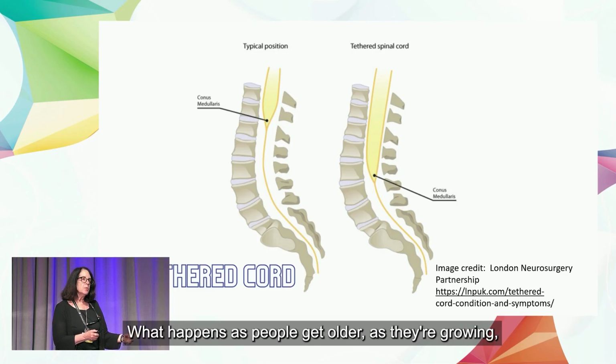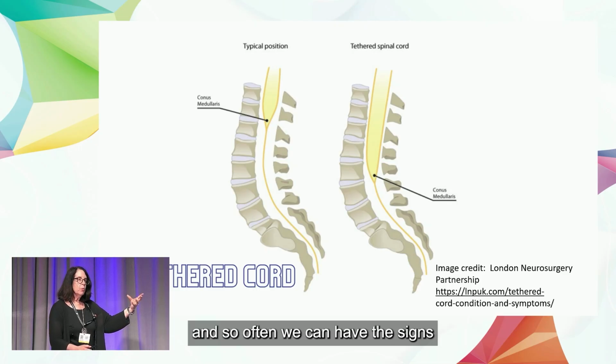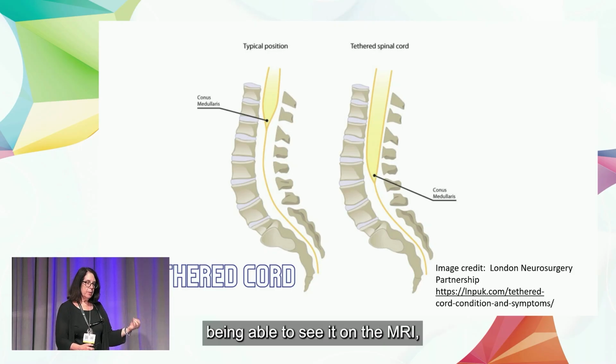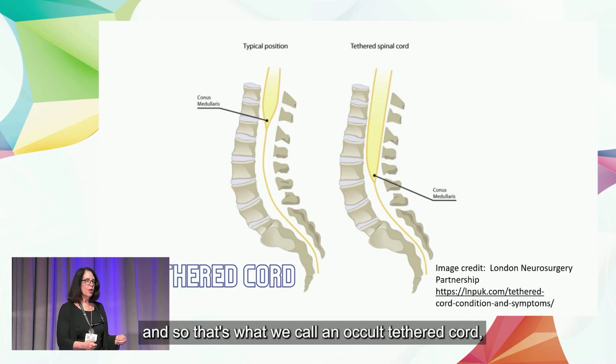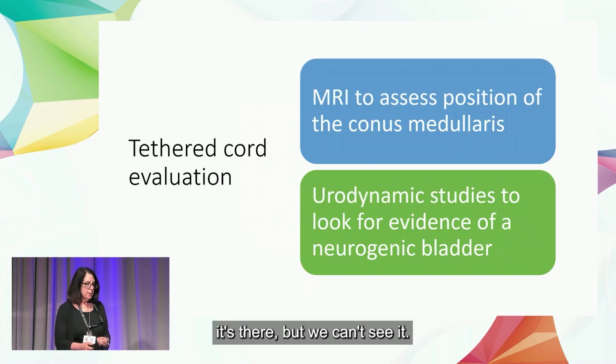What happens as people get older, as they're growing, the filum stretches out, the conus goes back up, and so often we can have the signs and symptoms of a tethered cord, but without being able to see it on the MRI. And so that's what we call an occult tethered cord. It's there, but we can't see it.